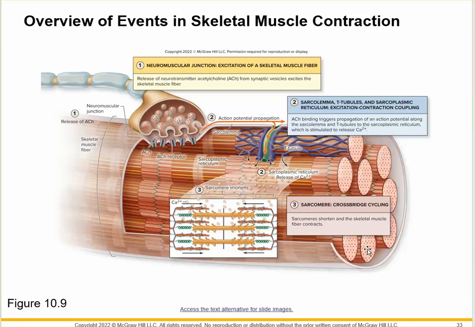We're going to see that the calcium causes an interaction between the thin and thick filaments that causes contraction. So the trigger of acetylcholine causes the action potential, which causes the release of calcium, which causes the contraction, and the sarcomere shortens.